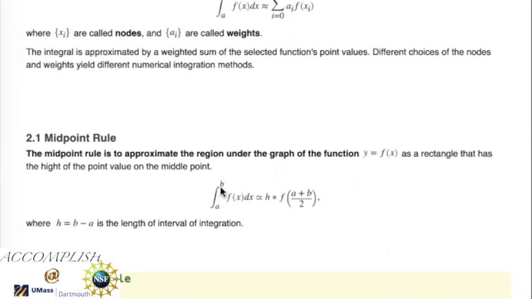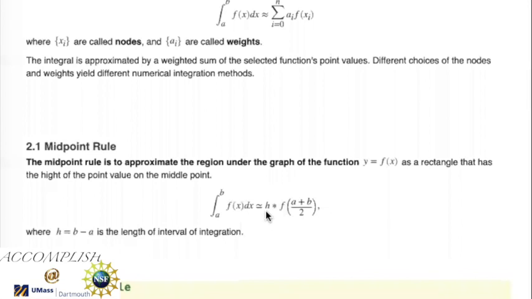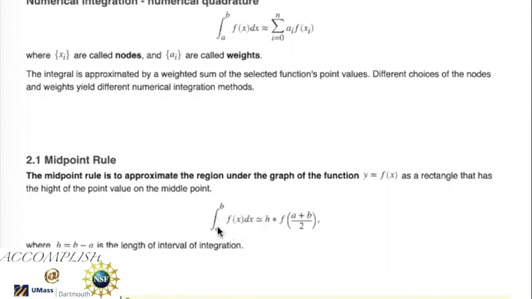The middle point is the point in between the two endpoints, the lower and upper limits, and that is the average of those two, (a plus b) over 2. If you evaluate the integrand f at this point, you get the height of the rectangle. Then you multiply that by h, the width, which in this case is b minus a. This is the area of that rectangle, and it is an approximation for the area under the curve y equals f(x), right?